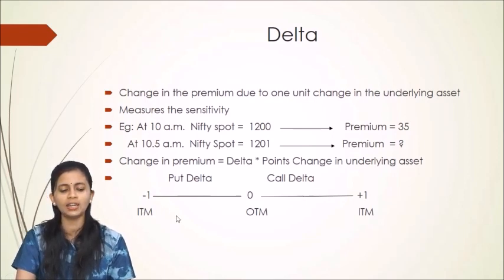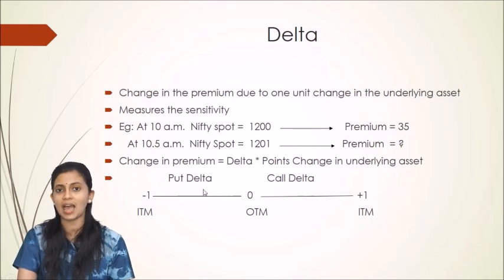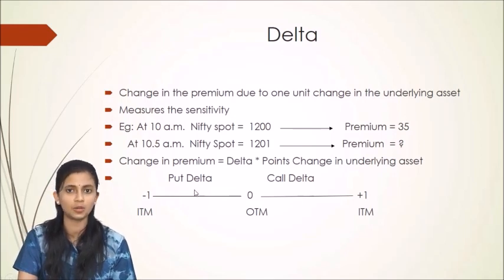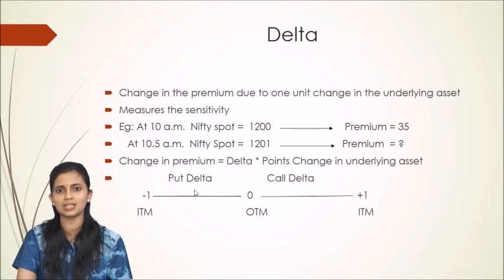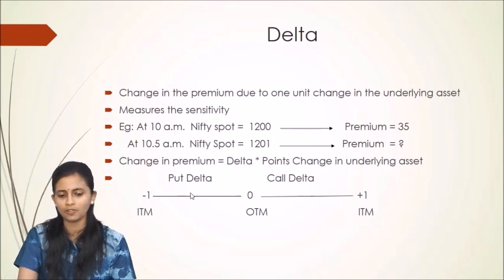So if the delta value with respect to put is around -1 to -0.5, that means it is in the money. When the strike price is at -0.5 with respect to put, that means that strike price is at the money, and once it crosses -0.5, from -0.5 to 0, that means that strike price is out of the money.